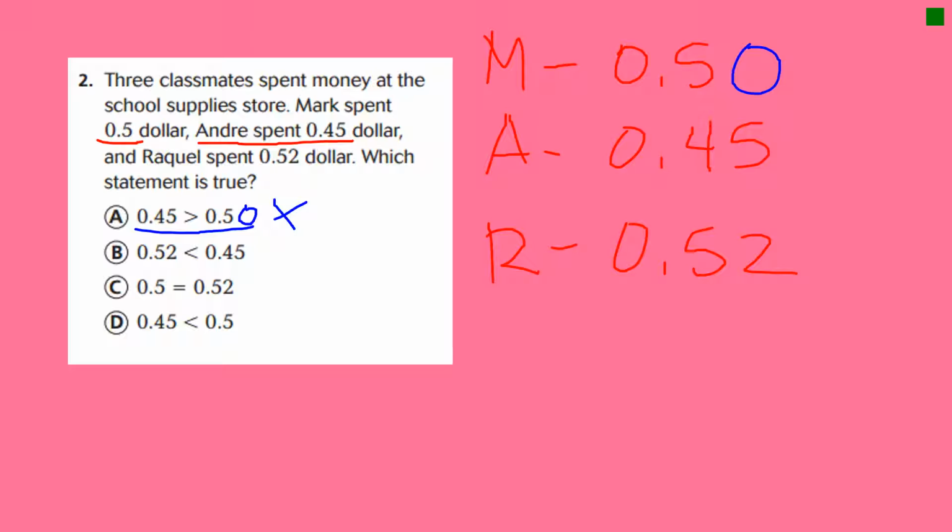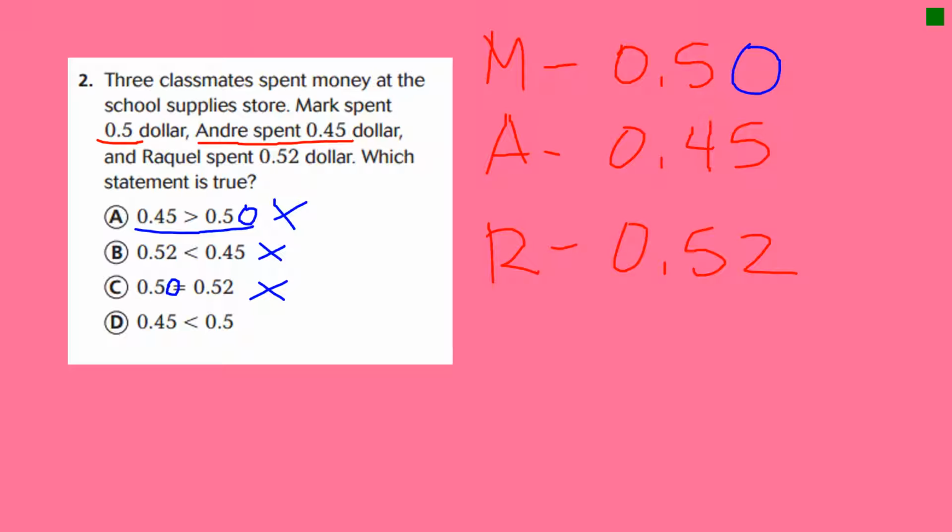How about B? 52/100ths is less than 45/100ths. Well, no. 52 is not less than 45/100ths. Okay, so look at C. 5/10 equals 52/100ths. So if we put a 0 there again, we would be saying 50/100ths is the same as 52/100ths.